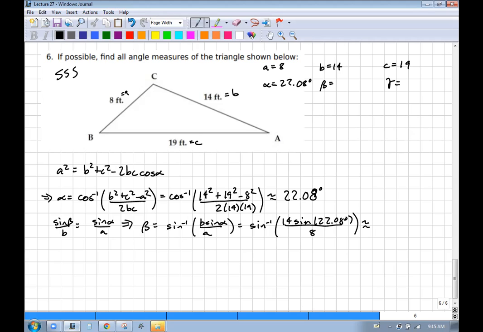Let's plug this in: arc sine of 14 sine of 22.08 divided by 8, and then convert to degrees. I'm getting 41.13 degrees.